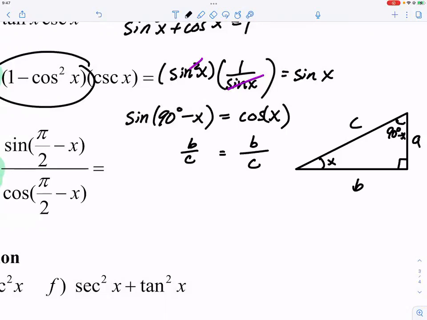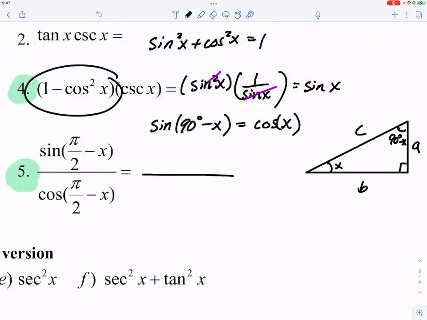So that's how we justify these identities, how sine of 90 degrees minus x is equal to cosine of x for this very reason. Again, do not just memorize. Know the reason behind it. That's going to make you very special. And I want you to be special.